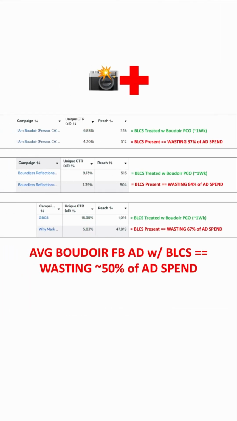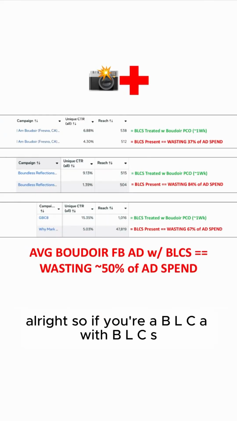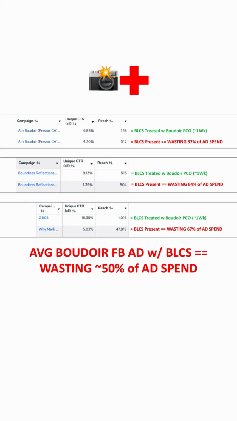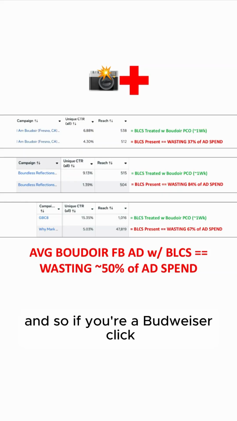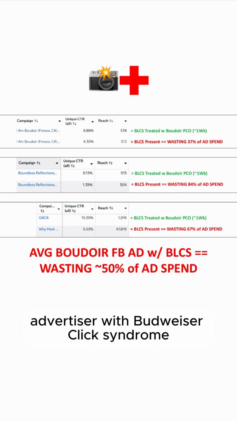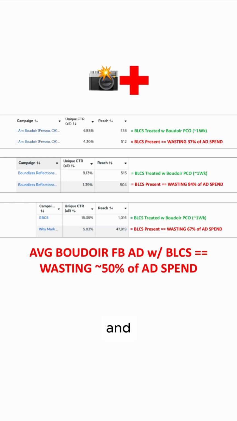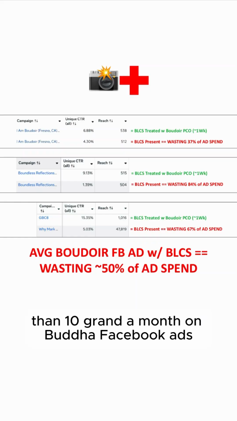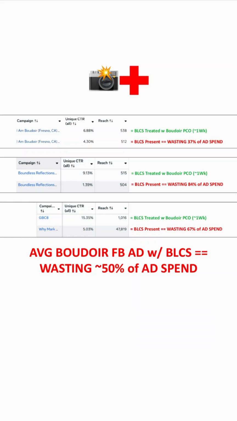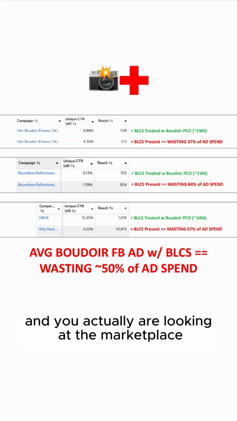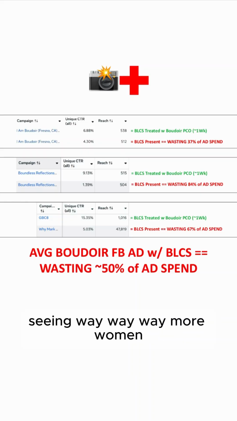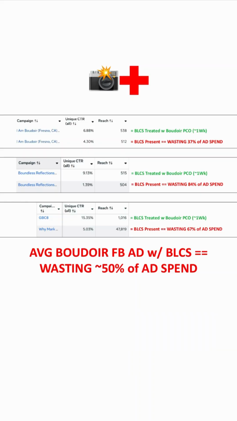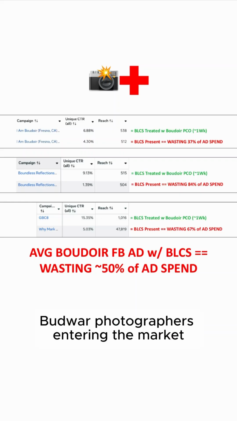All right, so if you're a boudoir low click advertiser with boudoir low click syndrome, and you're spending more than 10 grand a month on boudoir Facebook ads, and you're looking at the marketplace, seeing way more boudoir photographers entering the market.